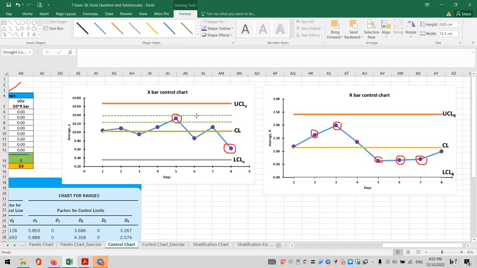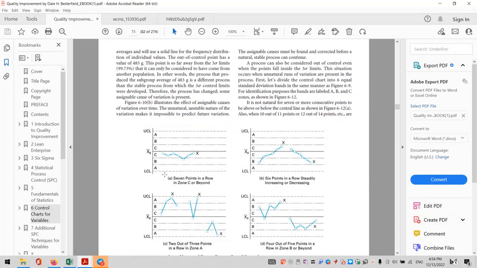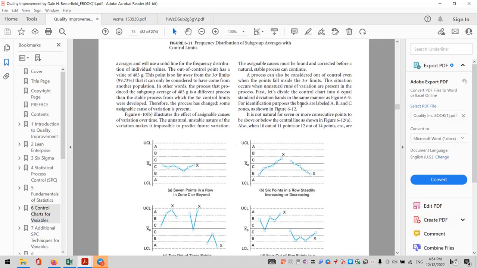Okay, like that. Okay, now we have regions. This is A, B, C and C. So it says here, for identification purposes, the bands are labeled A, B and C zone as shown in figure 6-12.